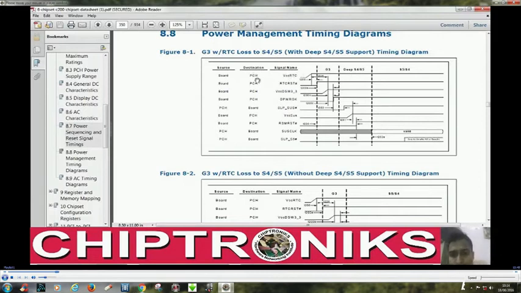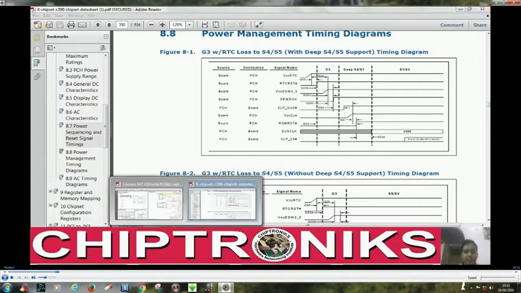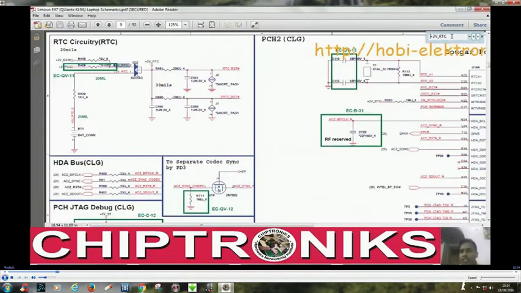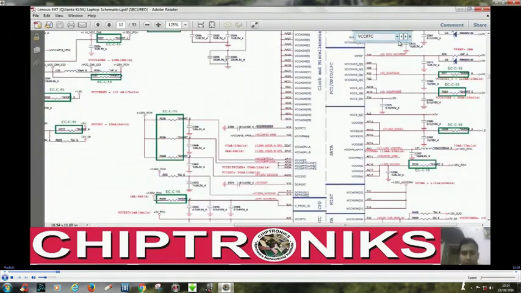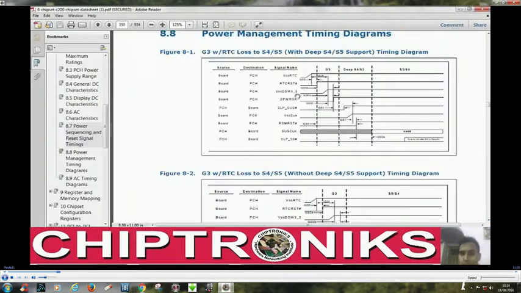So as usual, the very first step is VCC RTC. So in any kind of board, we'll just search VCC RTC, right? And always note, when I'm talking about the signals over here, I mean these names to be inside the PCH.